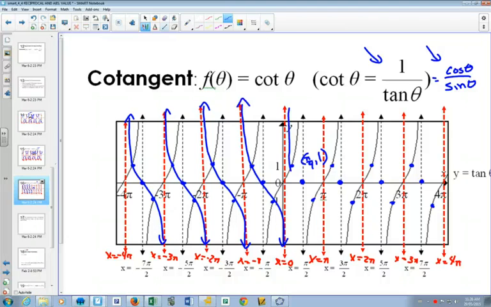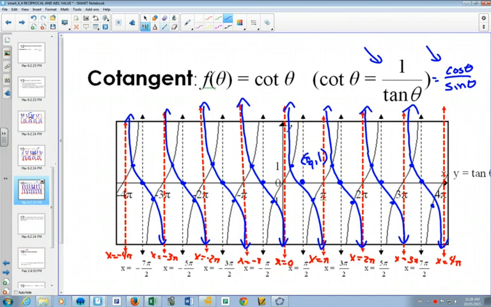Once you put everything on, especially if you're using the same color all the way through, it gets a little busy.